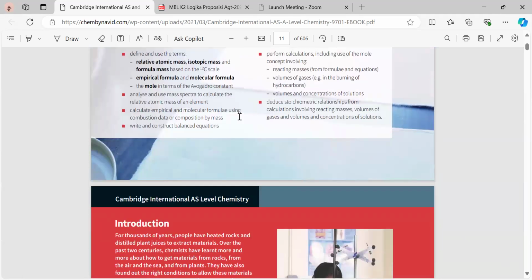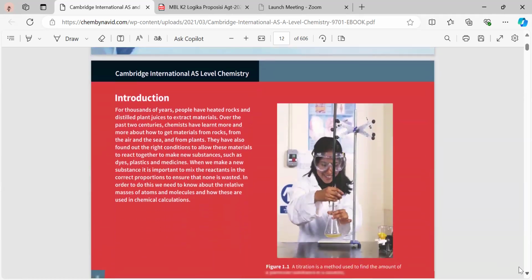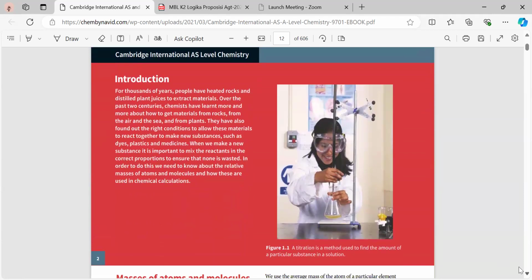There are actually more. I'm not going to read this; we're going to go through it on the way. This is a brief introduction about chemistry. You can read this from here.